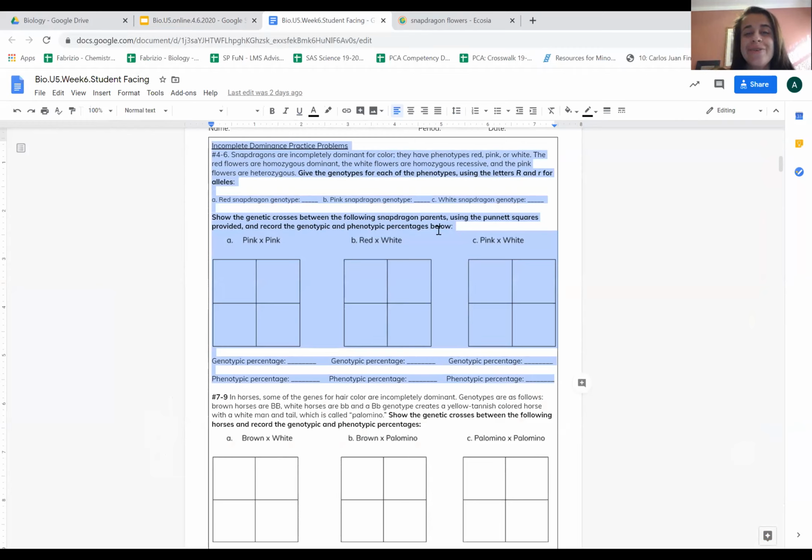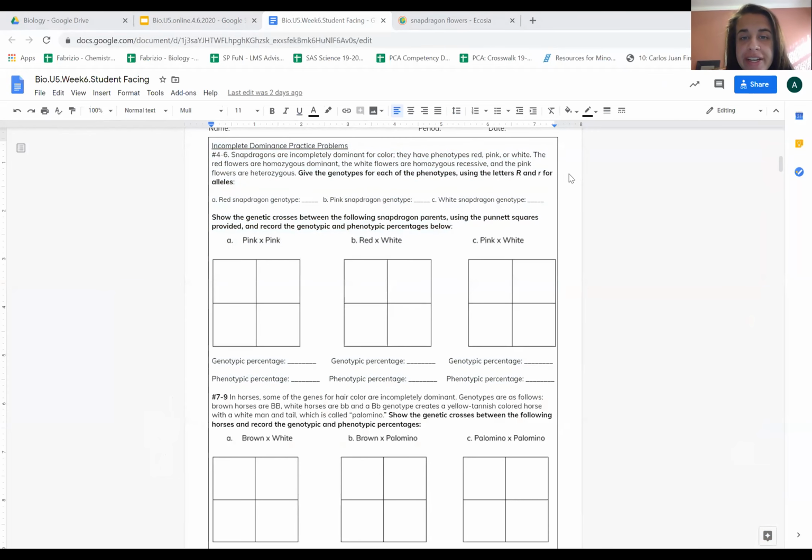Welcome back. By now we should have completed 4 through 6 on page 2 of our packet for today. So let's go over it. A red snapdragon has the genotype of homozygous dominant, and it tells us here that it wants us to use big R and little r.